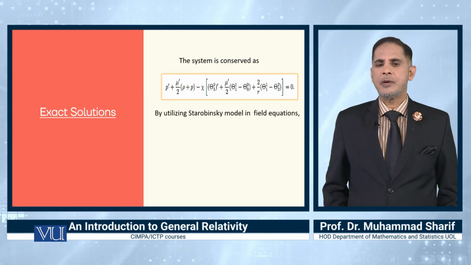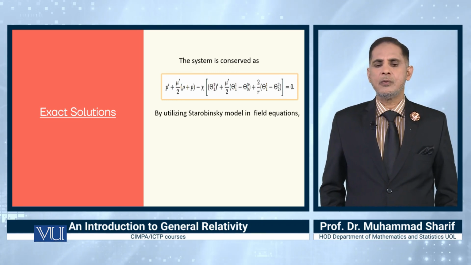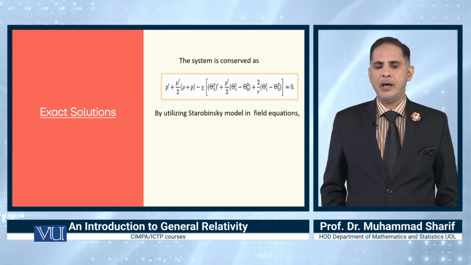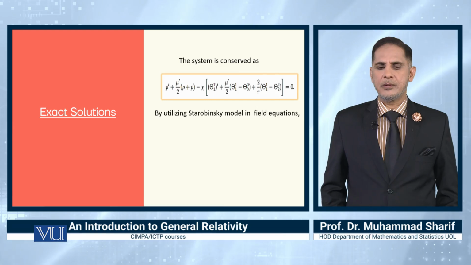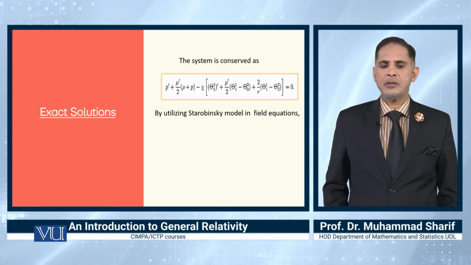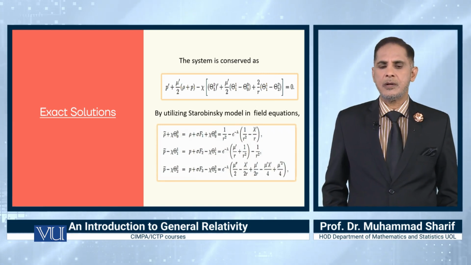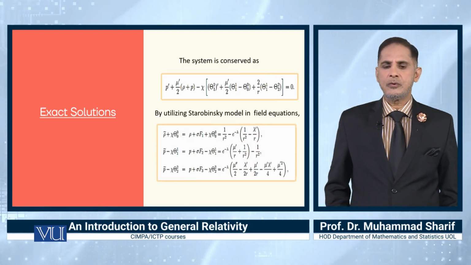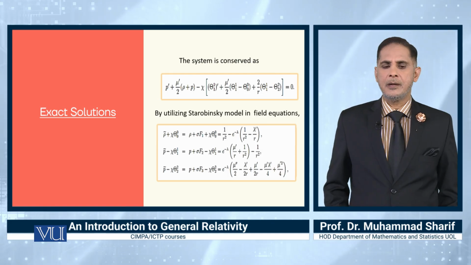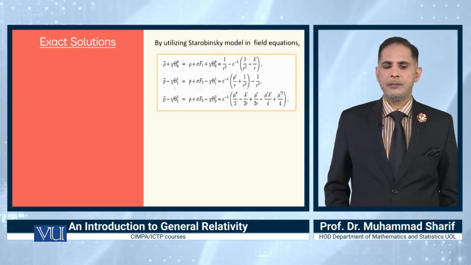Because this system is complicated, we need to apply some f(R) model to solve the system. So, the Starobinsky model is very important, which has been used for inflation theory. So, we use this model here, and the field equations take the following form.